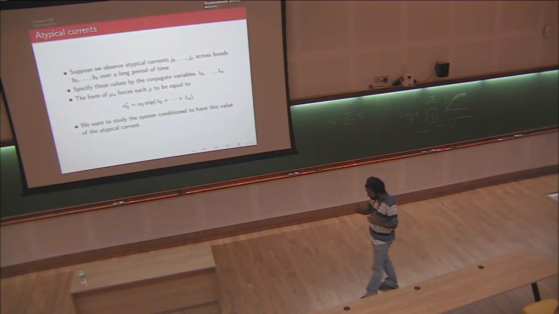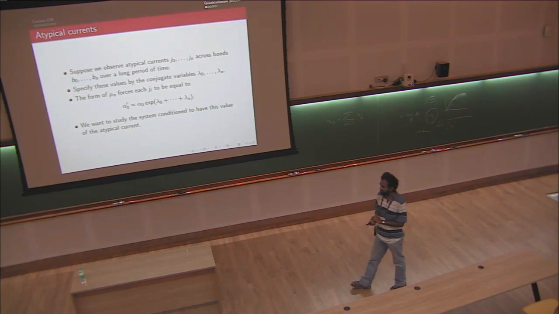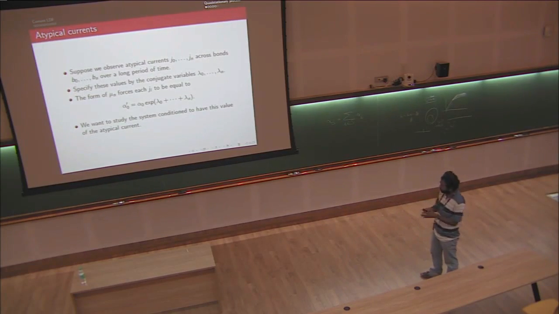Since it's a stochastic system, there can be atypical fluctuations, but I'm looking at a time frame large enough so that those will be more or less equal.